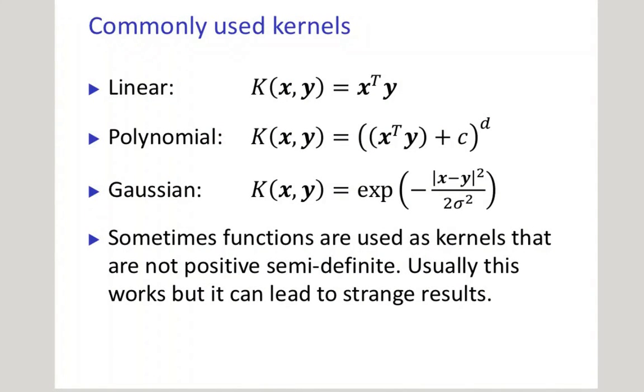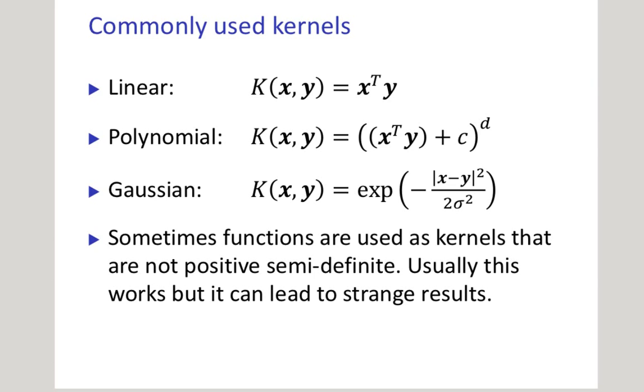The most common kernels are the linear, polynomial, and Gaussian kernels. Note that the polynomial kernel is different from the kernel that you get from a polynomial basis, but it's mostly also used in natural language processing. A typical value for the degree is 2.